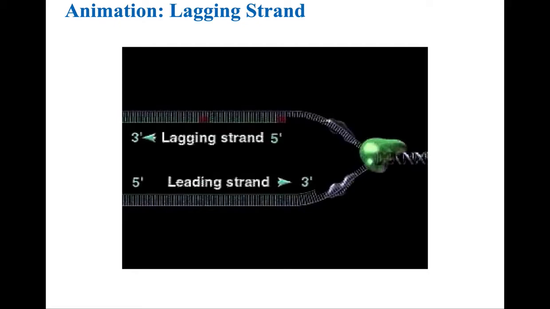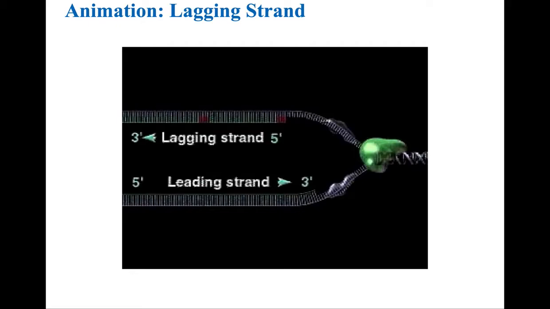Now the top piece that you see here, called the lagging strand, it's got a problem because the lagging strand doesn't have an open end yet. It's way somewhere still coiled on the far right of this picture. So there's already a coiled part that's not open or accessible yet. So that means that for the lagging strand, I won't be able to make it in the same way. So this is going to require some small pieces.